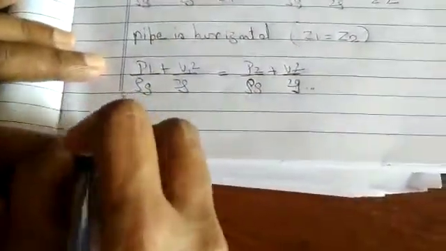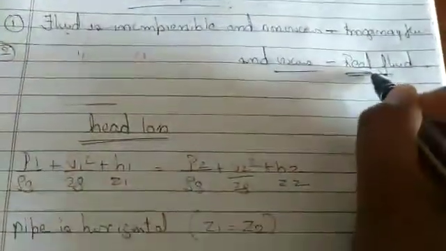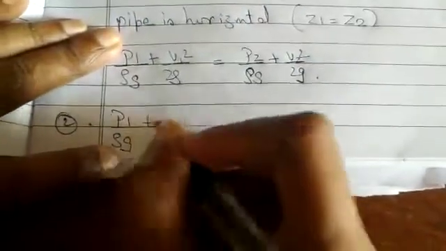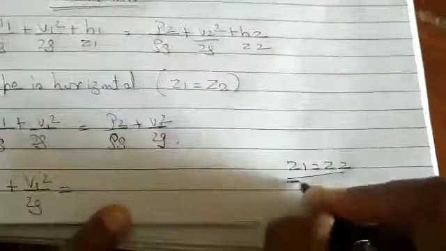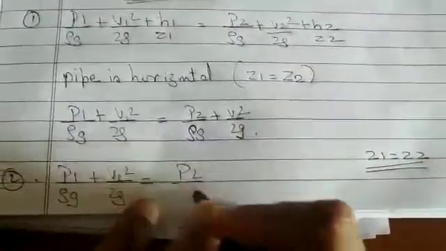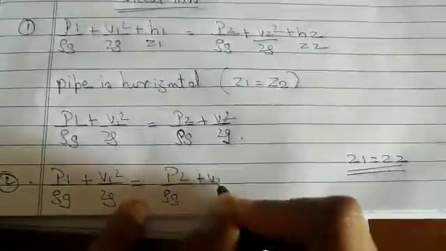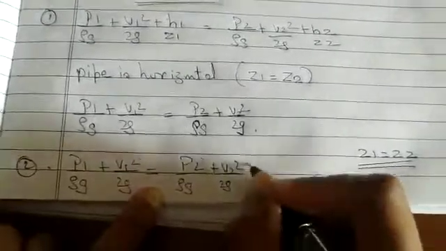In the second case, when a real or viscous fluid flows, where head loss occurs, and the pipe is horizontal with Z1 equal to Z2, the equation goes P1 by rho g plus V1 squared by 2g is equal to P2 by rho g plus V2 squared by 2g plus head loss.